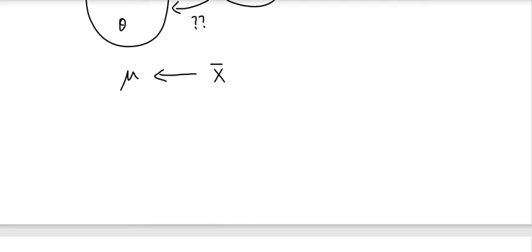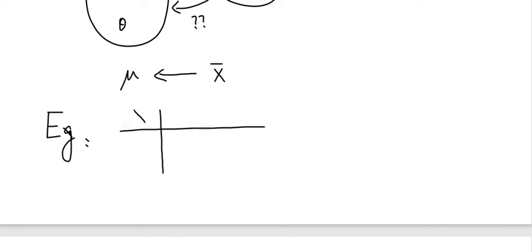For example, we know the population follows this distribution, where x can be 1, 2 or 3. But the probability of each value is related to an unknown parameter.